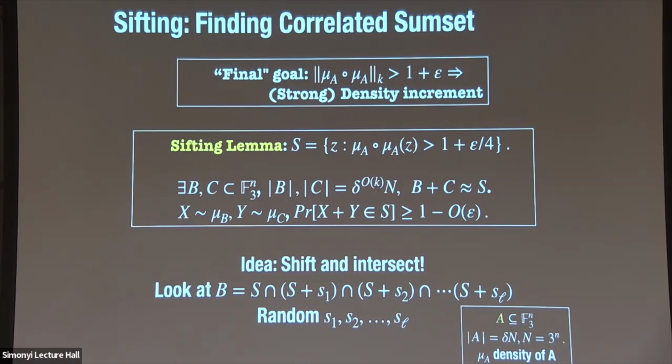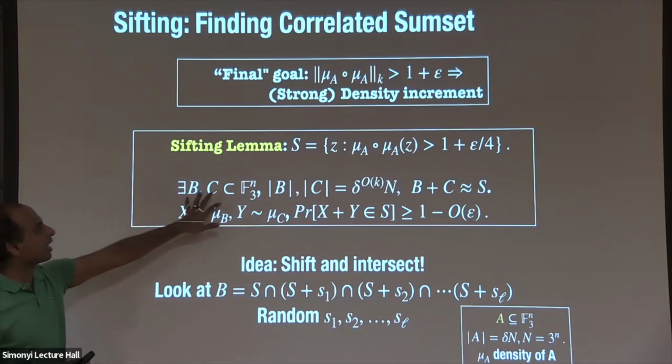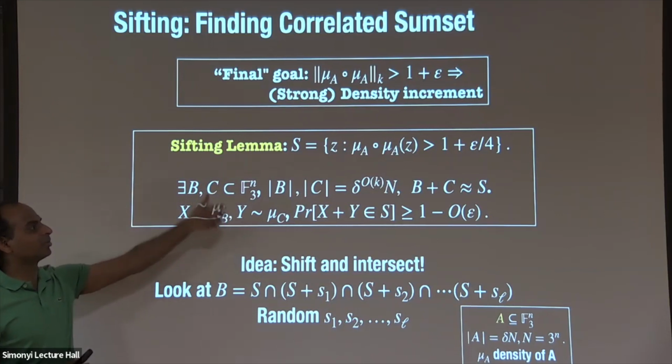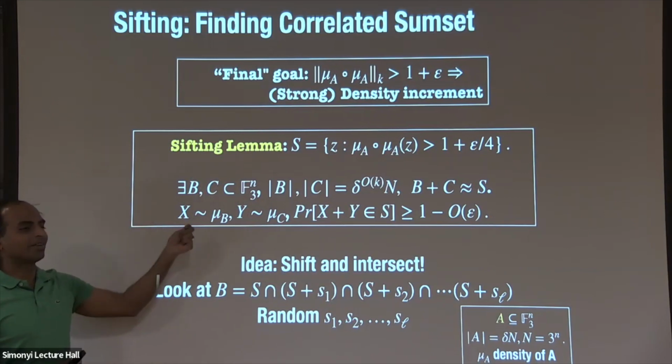What we'd like to say is that there is actually a portion within this set where you're taking large values and you have additive structure. If S itself was a subspace, then we're very good because you immediately get density increment. What we're trying to say is that S is not quite a subspace, but I can at least have some set structure within it. In particular, there are two large sets, B and C, such that their sum is almost like S. Again, to quantify it, you have to take into account how many ways you can represent things.